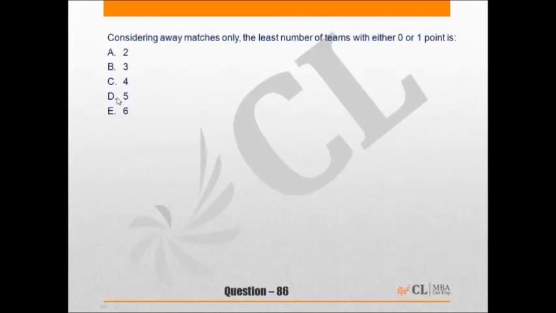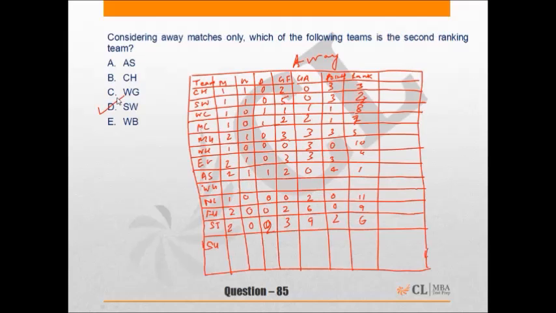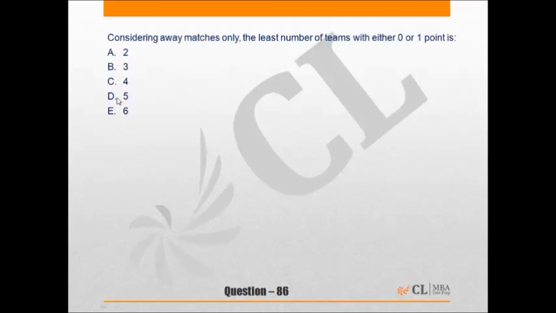as we have no info about the home matches of WZ and SU, so these are the two teams for which we have to figure out what could be the points for these two teams in away matches.